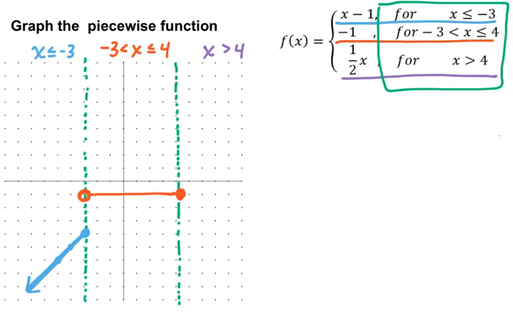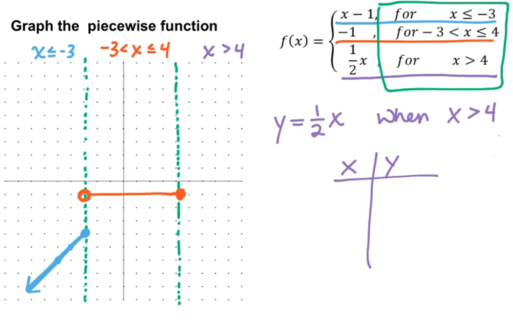The third piece I'm dealing with is y equals 1/2 x, and that is for any x value when x is greater than 4. So again, we'll make a table of values, x, y. I'm going to start with my boundary 4. Now, am I allowed to equal 4?